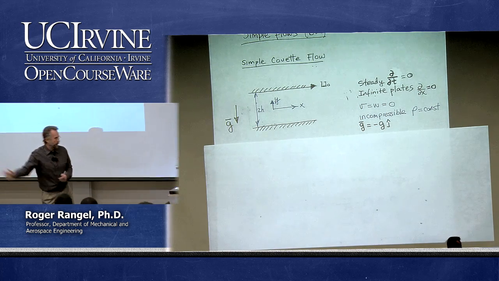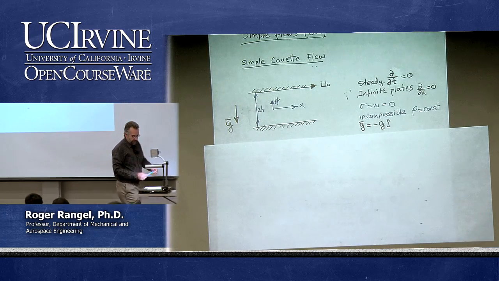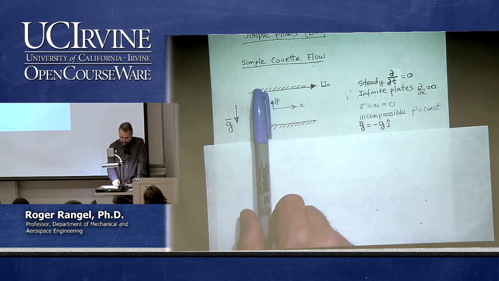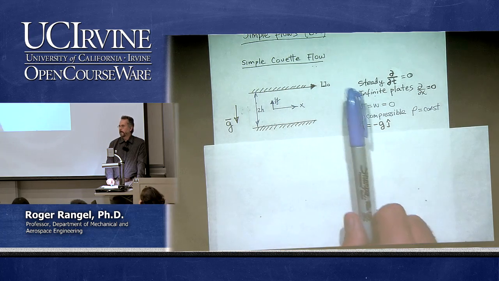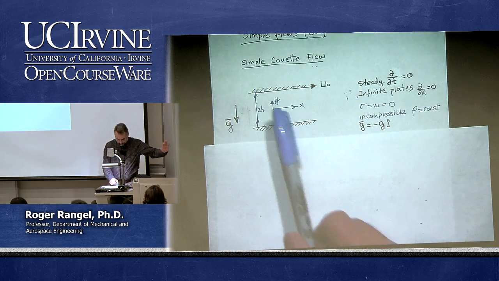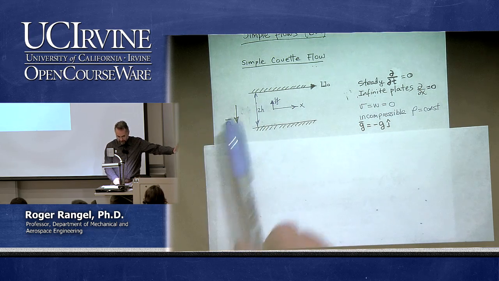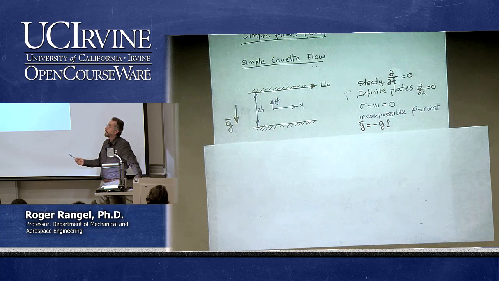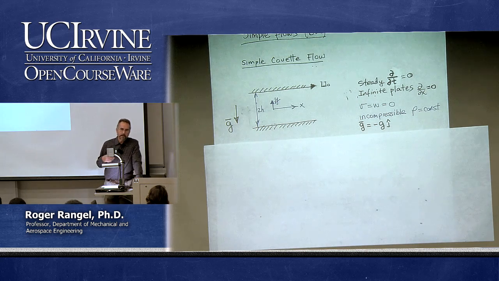The velocity doesn't depend on x because these plates are so large that whatever happens at some value of x will happen also at some other value of x. There is no influence from the end of the plates, either at the far left-hand side or the far right-hand side. That's what we call a fully developed flow in fluid mechanics.